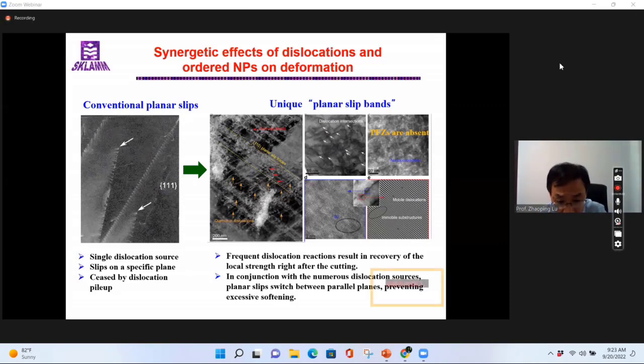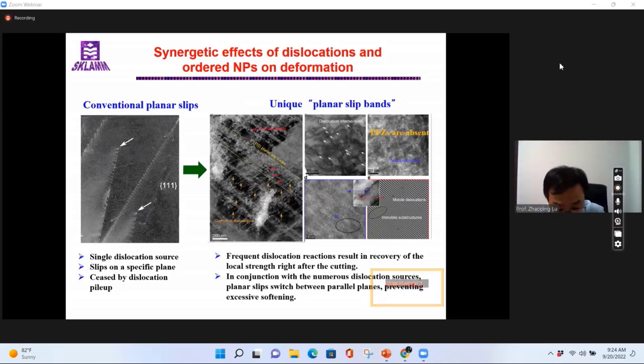In our case, you see a lot of dislocation reactions, penetrations. So when the dislocation line cuts through the particles, it will meet the existing transformation dislocations.